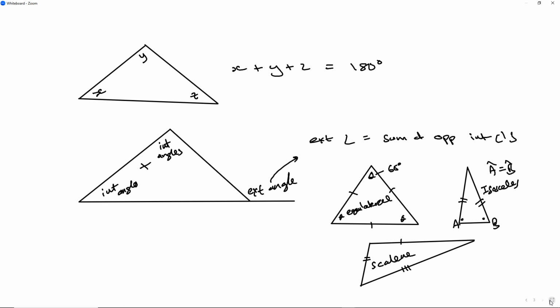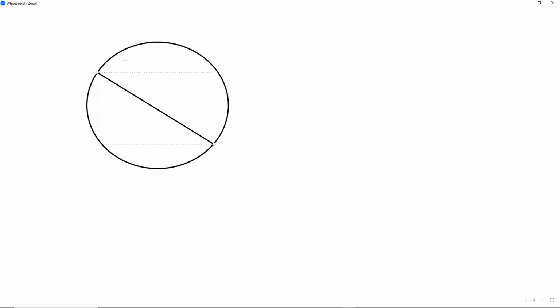All right, we can then place these triangles inside a circle. If you place a triangle inside a circle and you run it through the diameter, like that, if that's the diameter and you create a triangle from there, then we end up with some circle theorems, right?